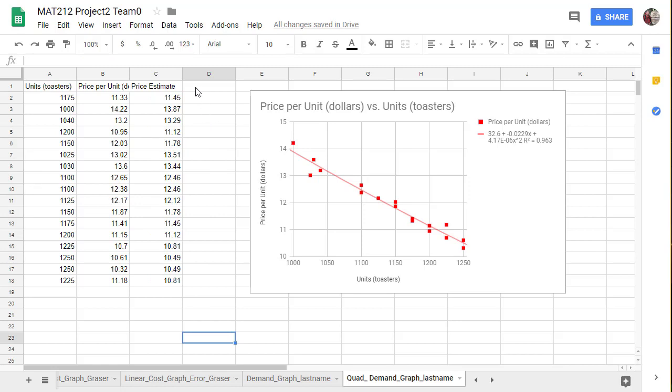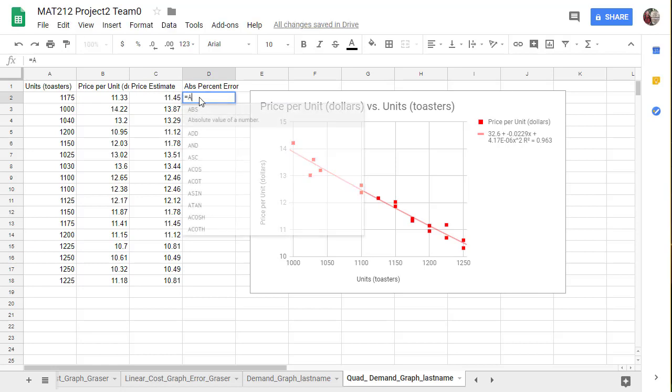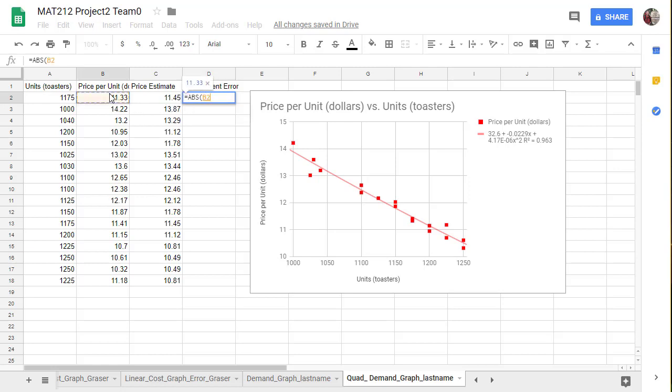So now let's do the absolute percent error. And we're going to do it the same way we did before. I'm going to type equals ABS parentheses, so that takes the absolute value of the price minus the price estimate and the parentheses.